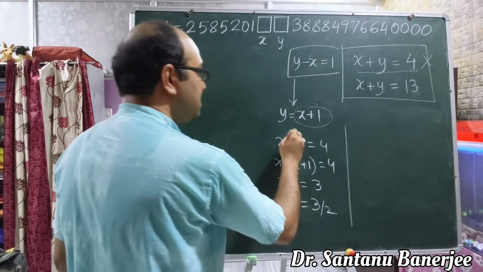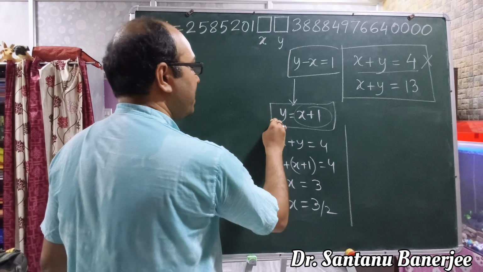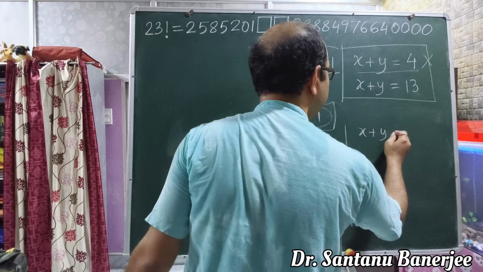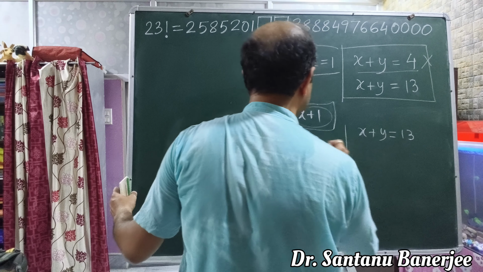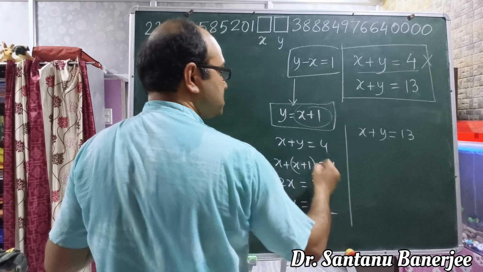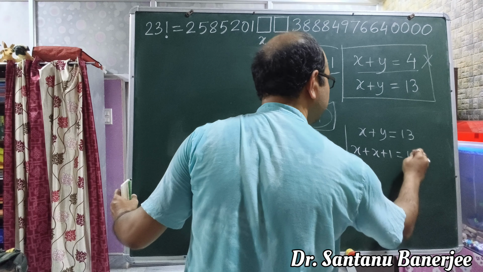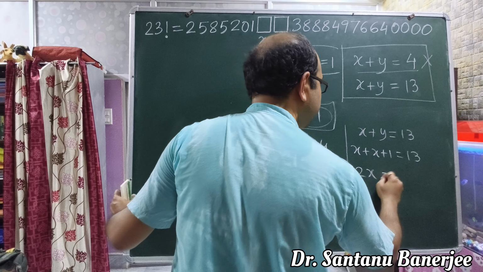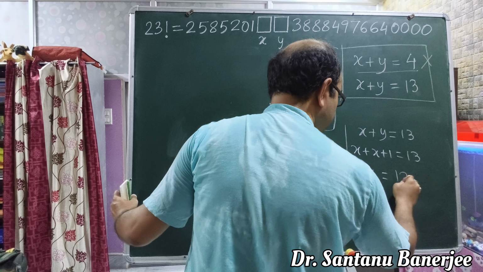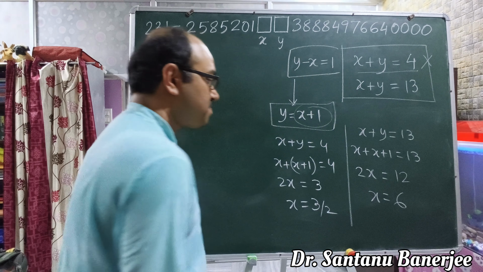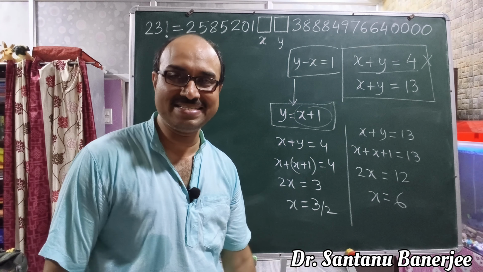Now let us put the expression of y in the other equation. We have x plus y equal to 13. If I put the expression of y, you have x plus 1 equal to 13, that is 2x equal to 12, 13 minus 1, and x equal to 12 by 2, that is 6.